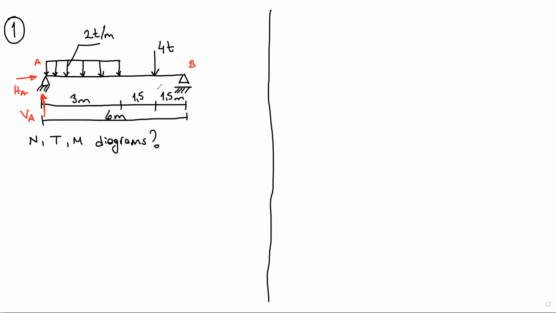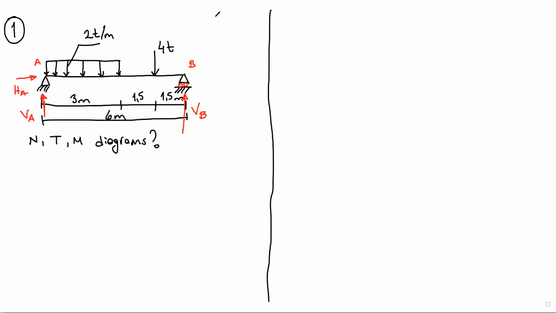Now, let's have a look to point B. Point B is a roller support. You know, this spacing in between triangle and this horizontal line means this is a roller support. So in this roller support, there will be only vertical support reaction. Okay, this is vertical B.